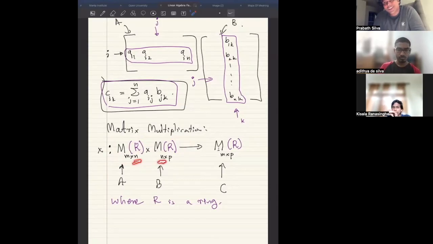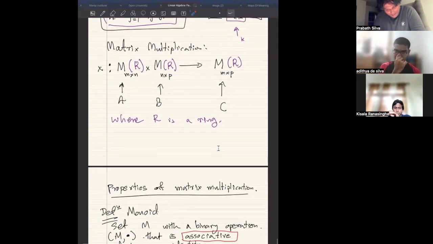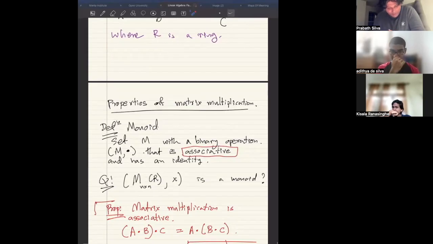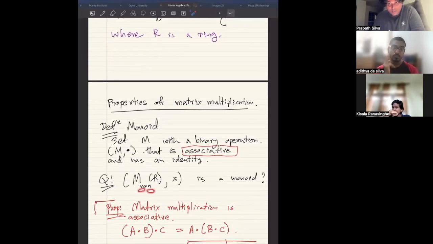In general, in here, I put N by N. So if you have N by N matrices multiplied with N by N matrices, then the product is also going to be N by N. In that case this multiplication is going to be well defined.